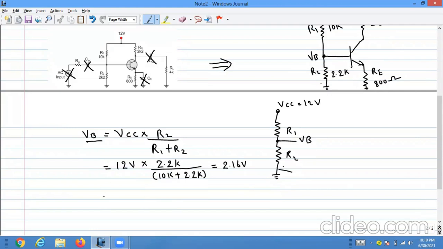Next we need to find VE, that is the emitter voltage, the voltage at this point.